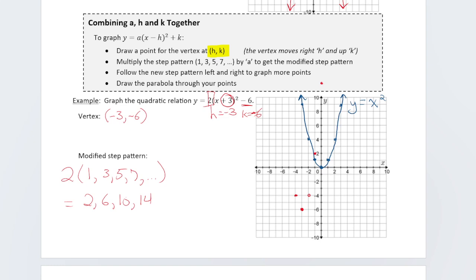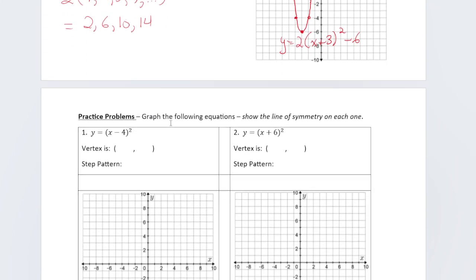And then whatever we do to one side, we've got to do to the other, because it's symmetrical once again. And here we go. We stretch. And that is y is equal to 2 times the quantity x plus 3 squared, minus 6.